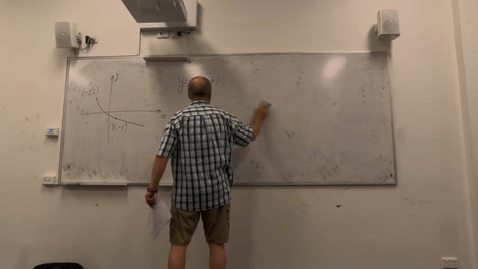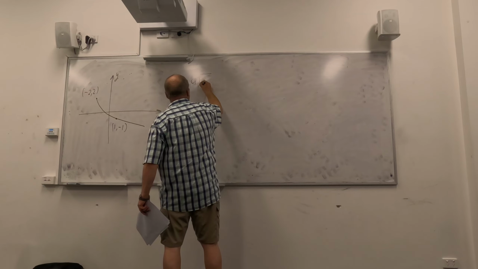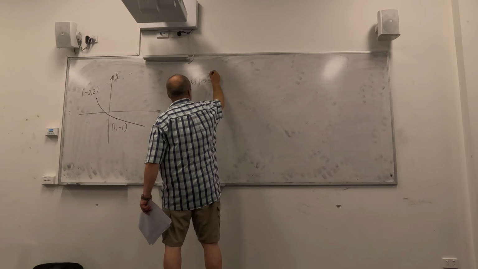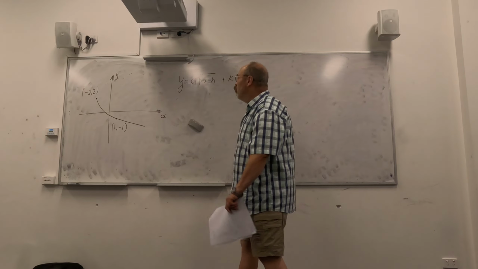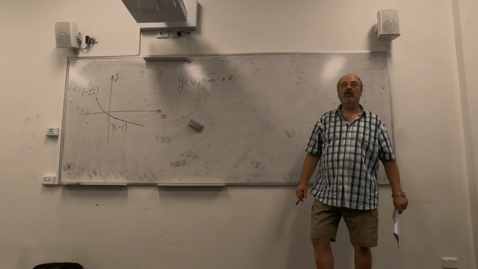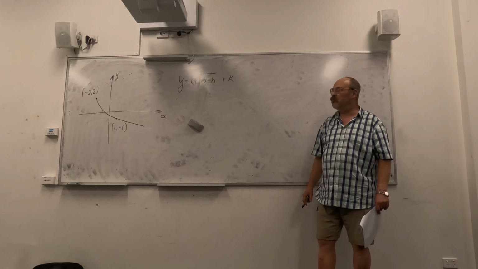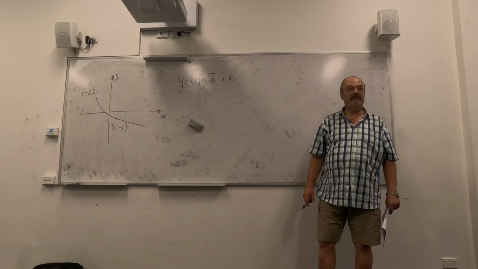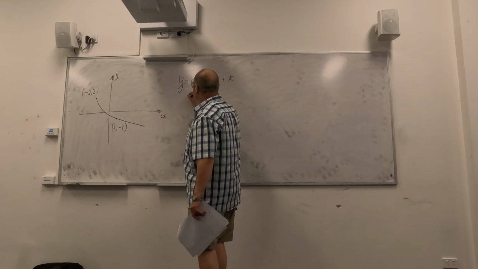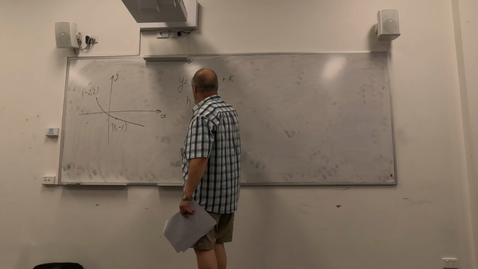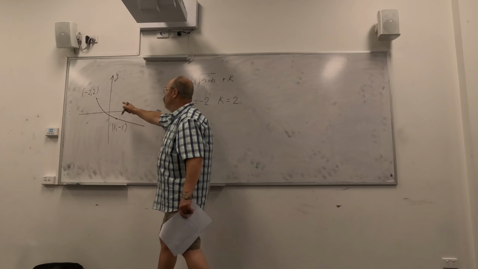So we have y equals a times the square root of (x minus h) plus k. Oh, don't keep breaking. Again, looking at the starting point, what are the h and k coordinates? h is negative 2 and k is positive 2.